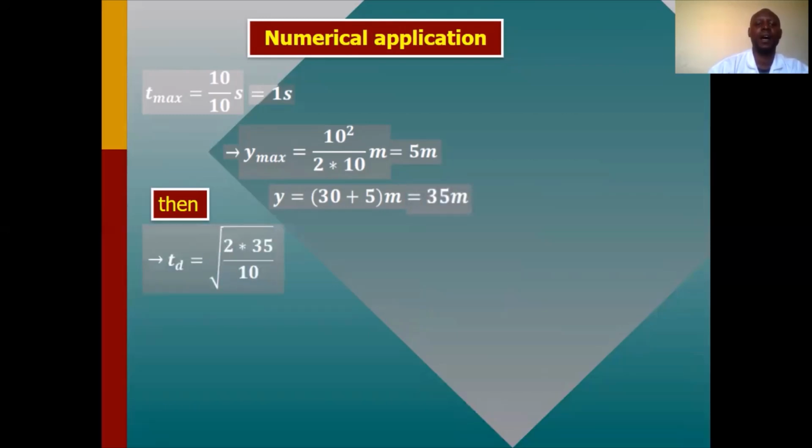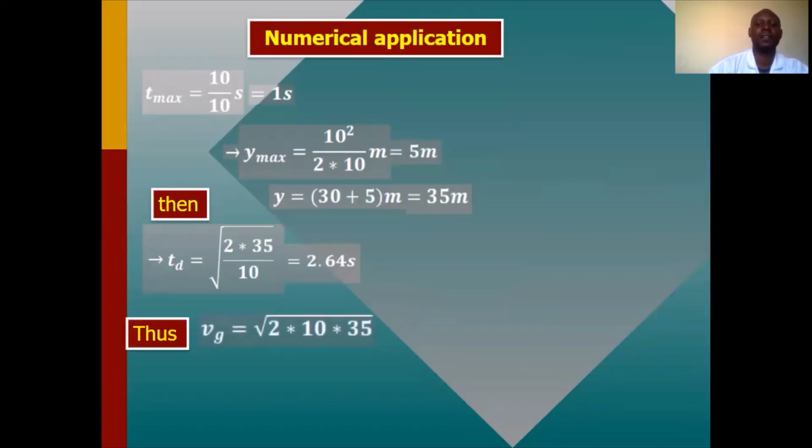The t down, the time from the highest point to the ground, is the square root of 2 multiplied by the distance y divided by 10. It is 2.64 seconds.